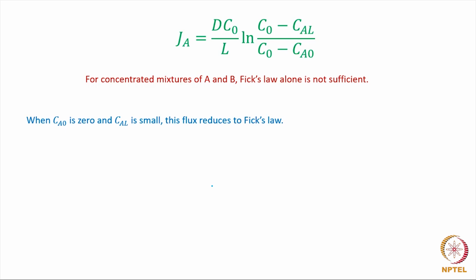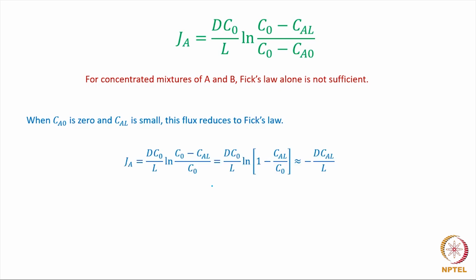However, when the solution of the two species A and B is very dilute, and assuming that Ca0 is 0 at the one end of the crucible and Cal is small, let us look at the way this expression looks.